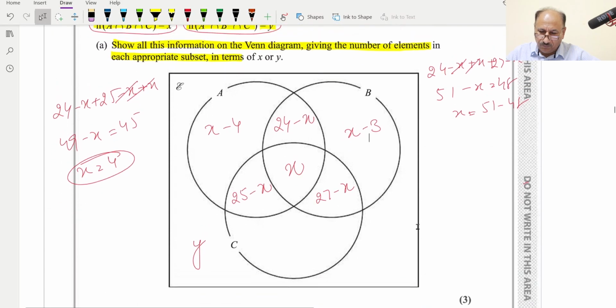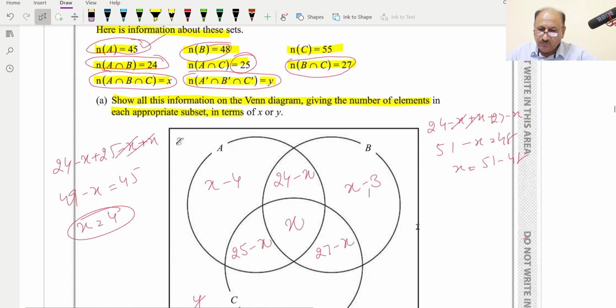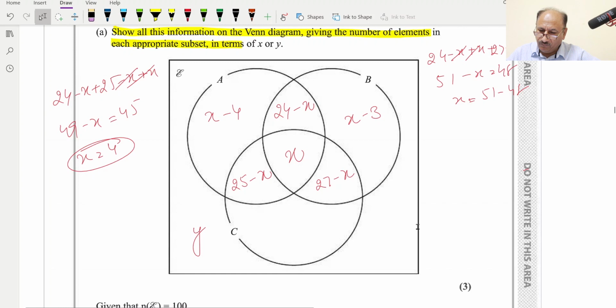And similarly for C, we know n of C is equal to 55.